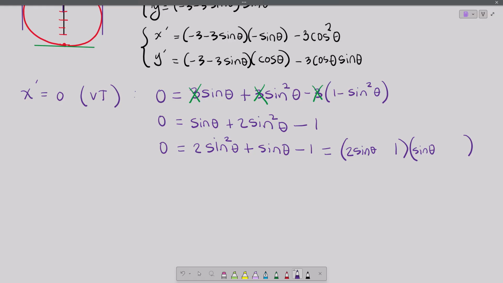The tail is 1 and 1, there's no other choice. We need a positive in the middle, so we're going to put a plus here and a minus there, so that we have 2 sine of theta minus 1 times sine of theta plus 1, so that matches with the middle. So this tells us that sine of theta is equal to 1/2 or negative 1.